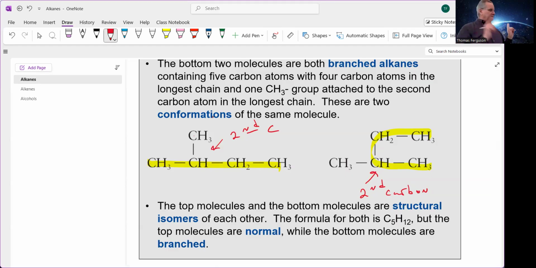Okay, so 2 things. The backbone is the same number of carbons. Number 2, the branch is on the same number carbon. In this case, carbon number 2. That means it's the same molecule. That means it's got the same melting point. It's got the same chemical characteristics, physical characteristics, etc. It's the same molecule.